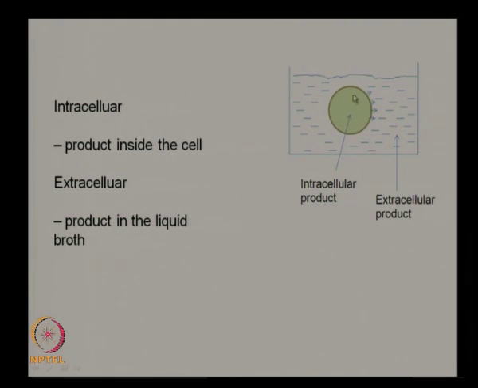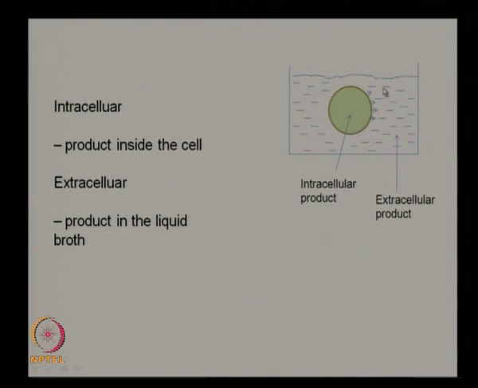You have to first recover all the microorganism or cells, and then you have to break the cells and then extract your product. So the number of unit operations, number of process steps are more, that means you are going to take more time doing it, that means cost also increases. So extracellular product is always desired because your product is in the medium.